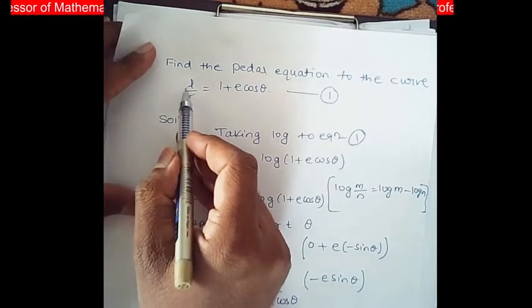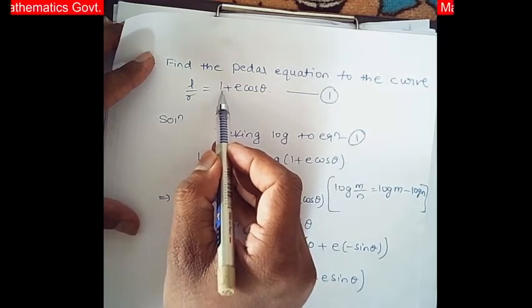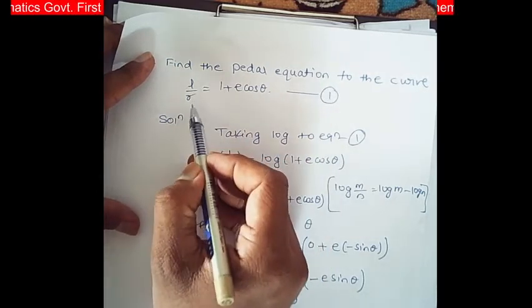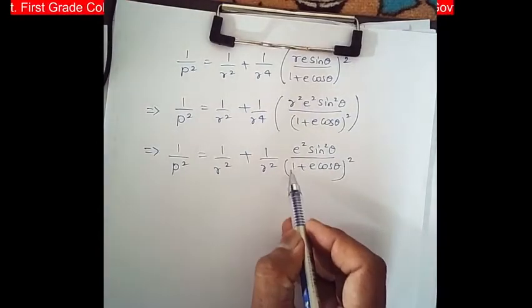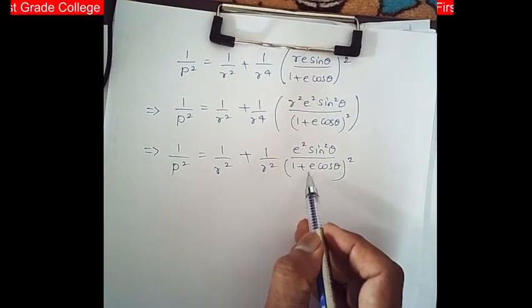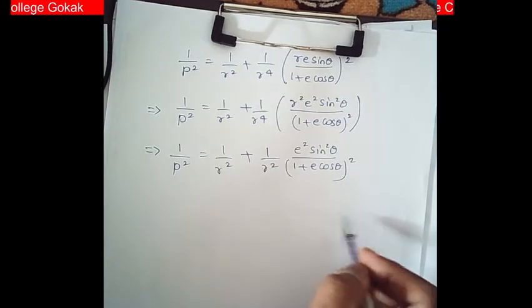So from the given equation, we write 1 plus e cos theta as L by r. Here I replace this 1 plus e cos theta by L by r, using the given equation 1.